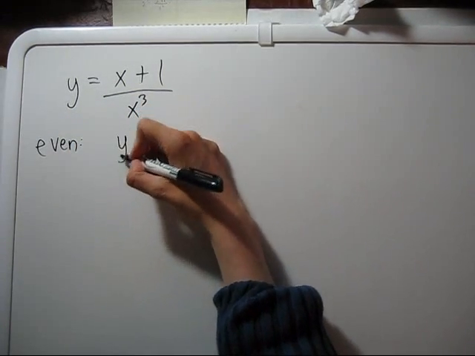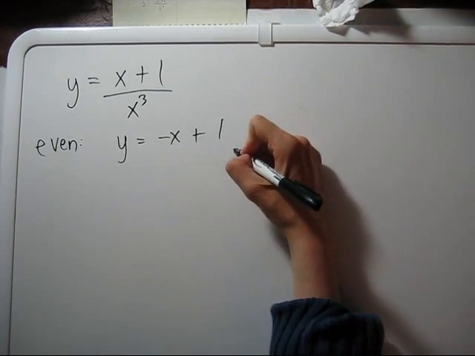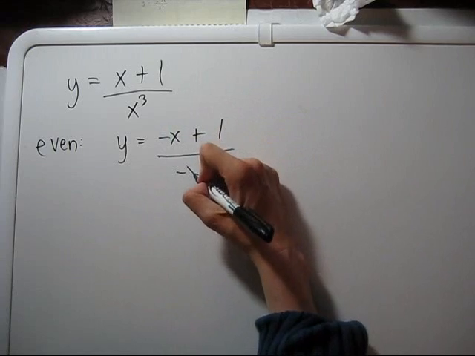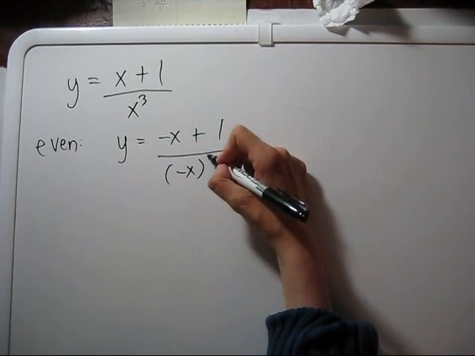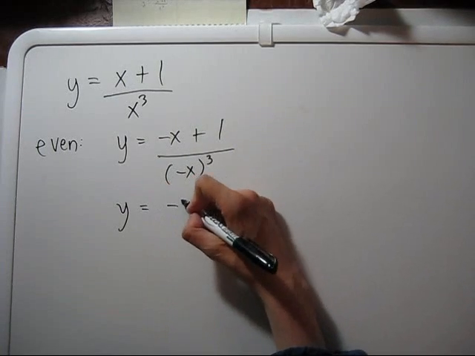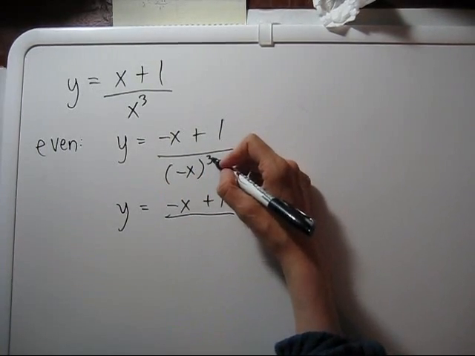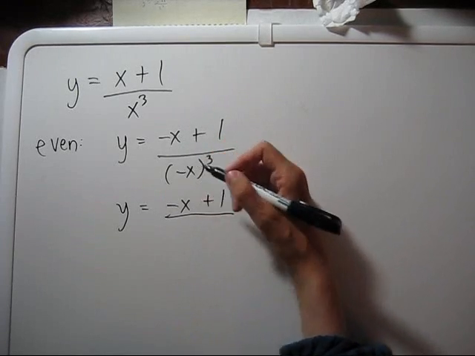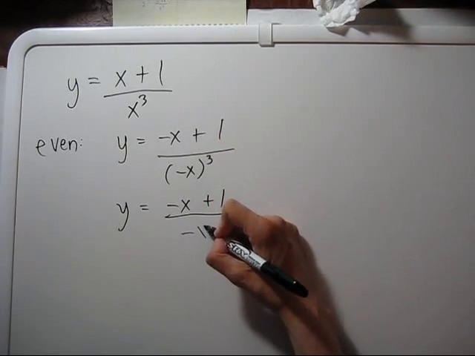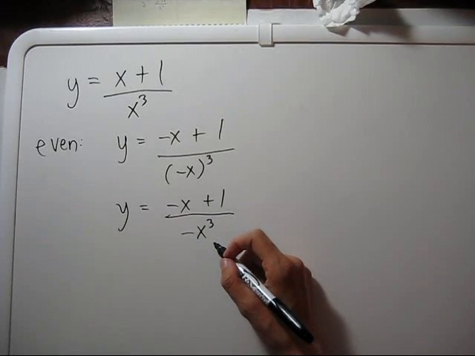Let's test this equation for being even or odd. Okay, y stays the same, replace x with negative x. Okay, so we have a negative x plus 1. Okay, negative x quantity cubed. We have a negative, negative, negative, so it ends up being negative. Alright, is this the same?